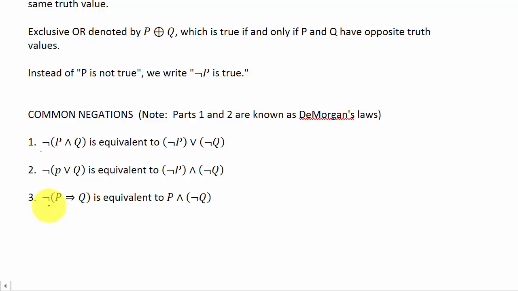And then the third one, not (P implies Q), is equivalent to P and not Q. The first two properties here are called De Morgan's laws. Okay, and then in a minute when we do some truth tables for these properties, we'll do a truth table to prove this number 3.